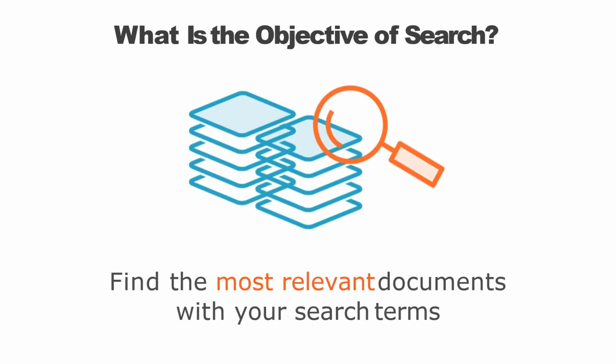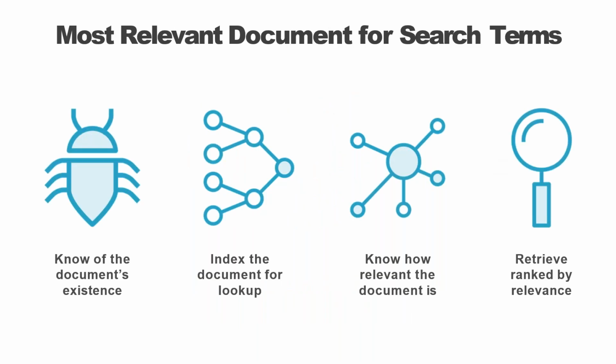Remember that the objective of search is to find the most relevant document for your search term. These are the phases we go through to do that. First, know of the document's existence. Second, index the document for lookups.